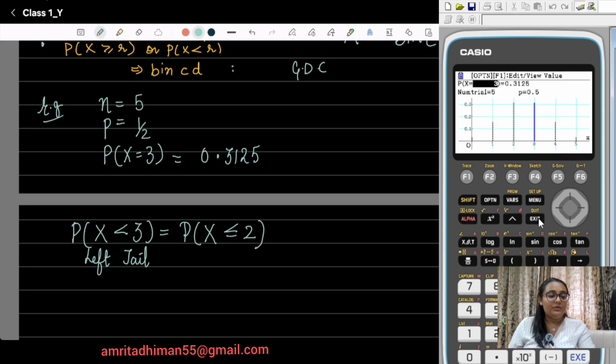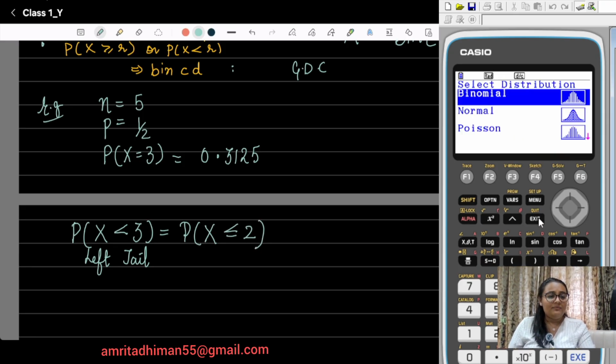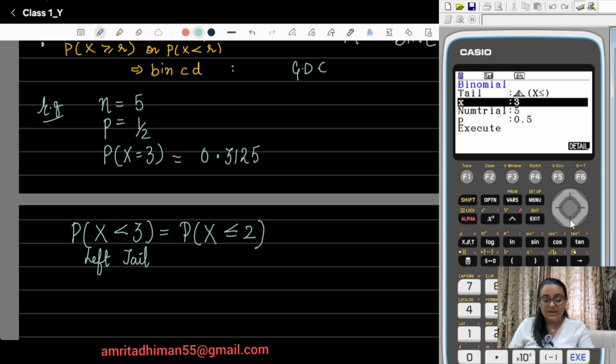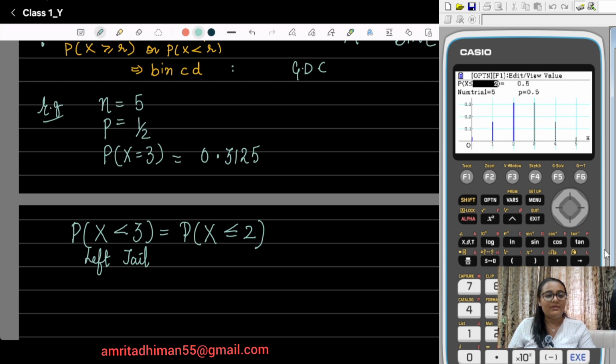So again we go to binomial, and we choose left tail. Now x will be 2, because we are interested in x less than 3. The number of trials and p are the same. Now we execute.